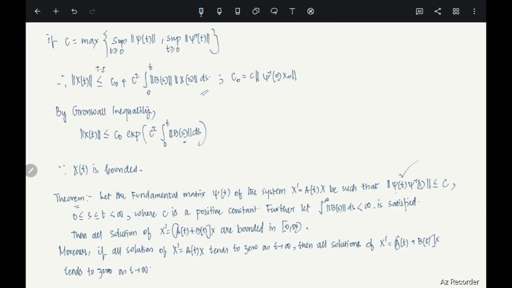So since phi(t) phi inverse(s) is given to be bounded, right? Okay, so you can use this condition in this part.